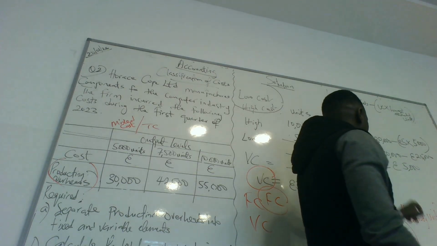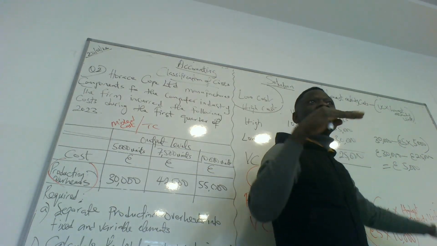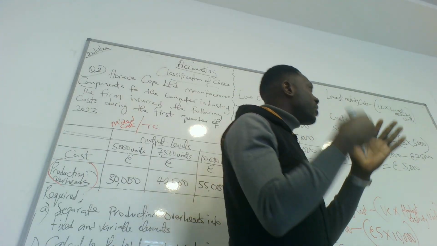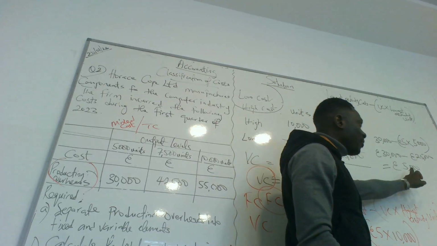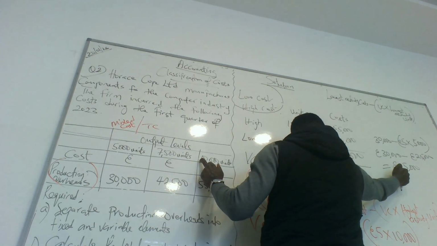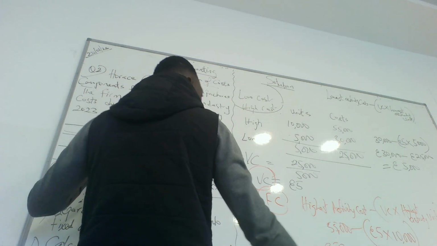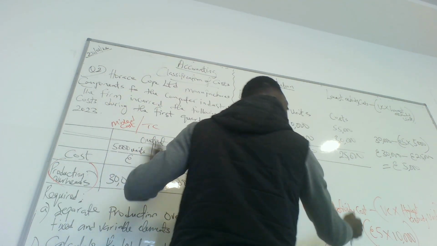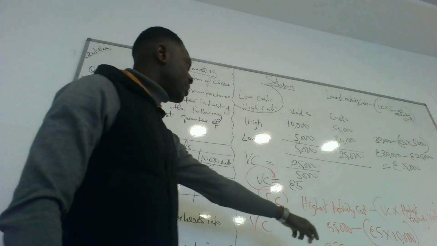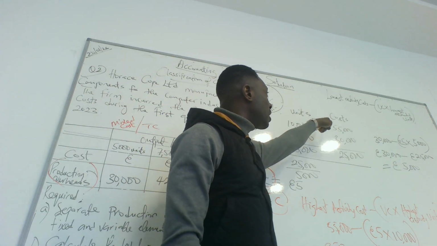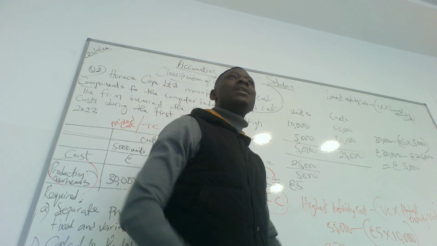Do we get it? So it means our fixed cost does not change as level of output changes. Remember, fixed costs are costs that do not change as level of output changes. So at 10,000 units, our fixed cost is still 5,000. At 5,000 units, our fixed cost is still 5,000. So when you use both highest activity and lowest activity, you're still going to get 5,000. So that means it's right.